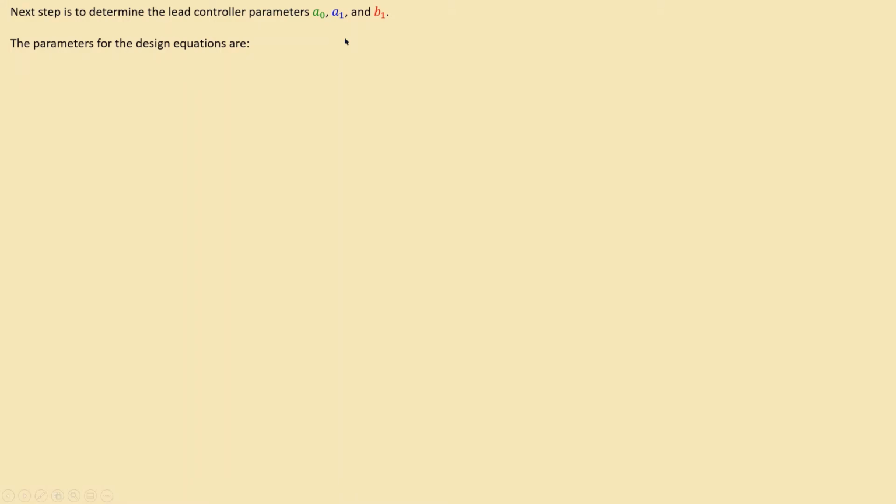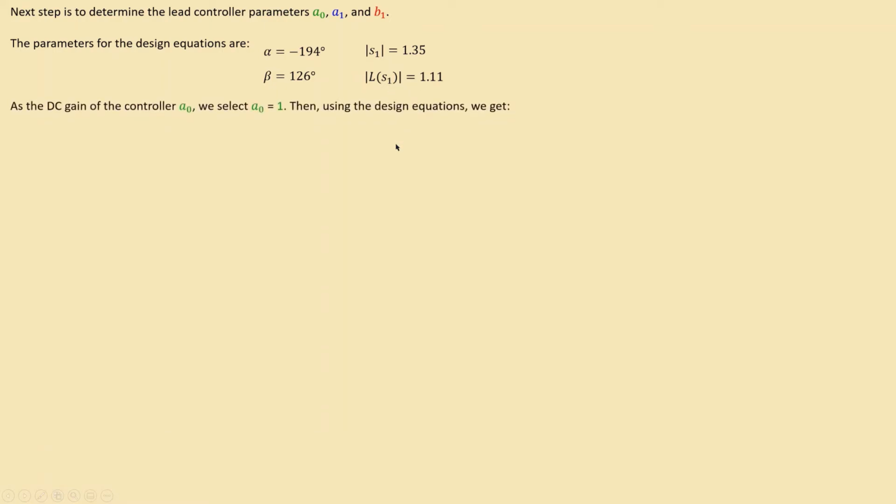So the parameters for the design equations are, again, so let's summarize this: alpha minus 194 degrees, beta was 126 degrees, the absolute value of S1 was 1.35, and the absolute value of the loop gain evaluated at the design point was 1.11. Now, what we have, we will see that shortly, we have two design equations, but three unknowns.